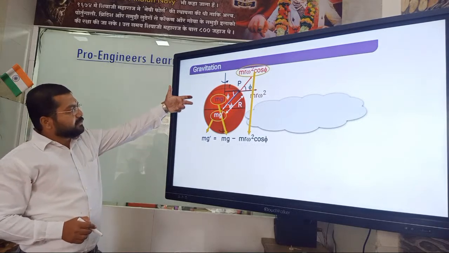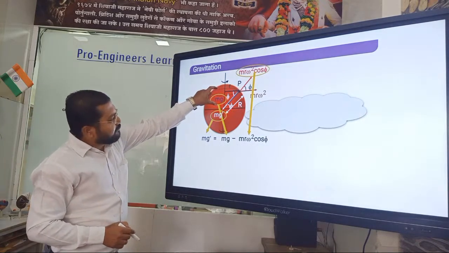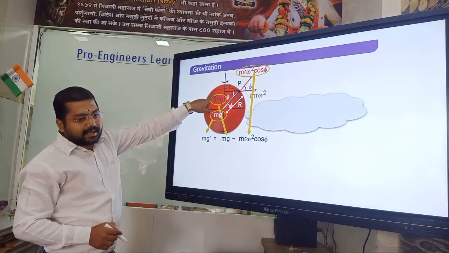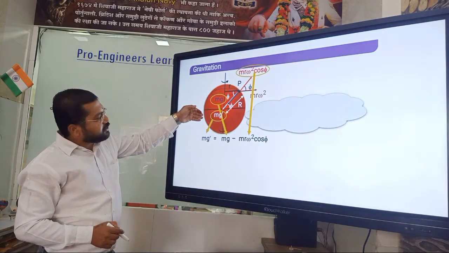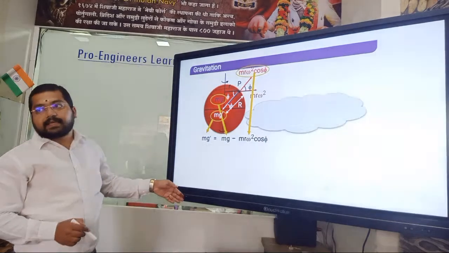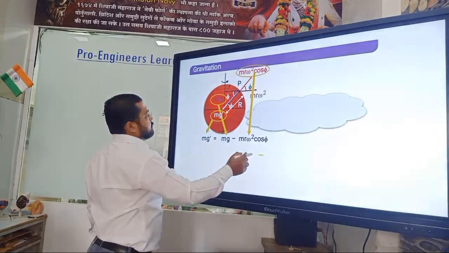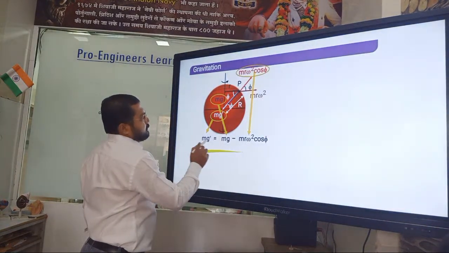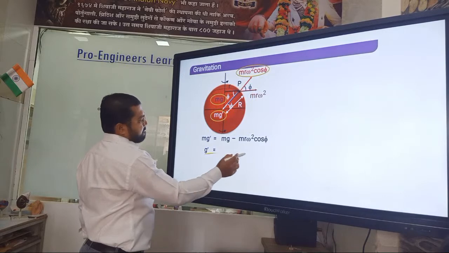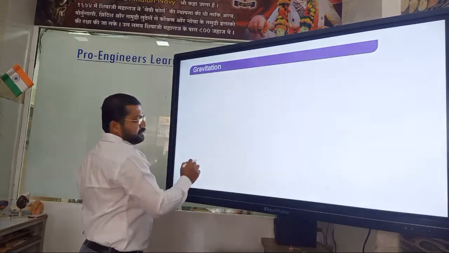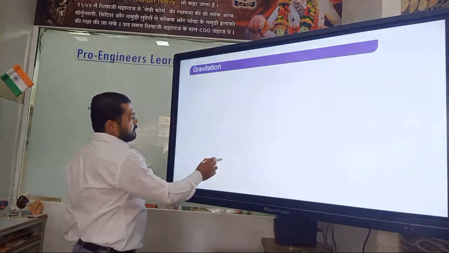So mg we have considered on the left side of the triangle, and mg dash is below the triangle. So m common will get cancelled.